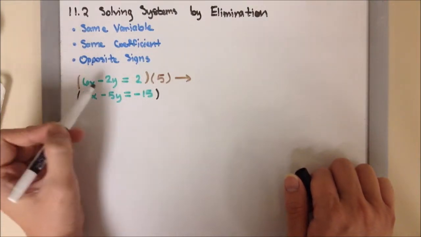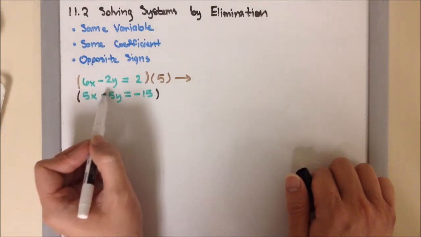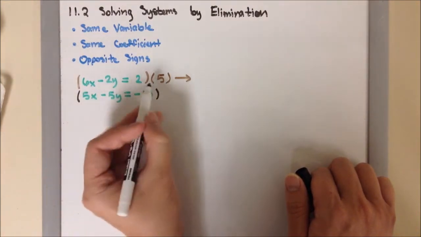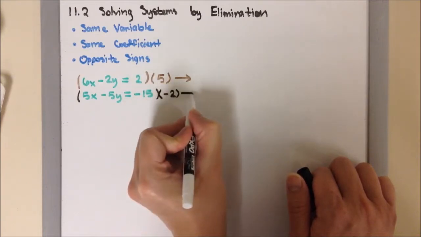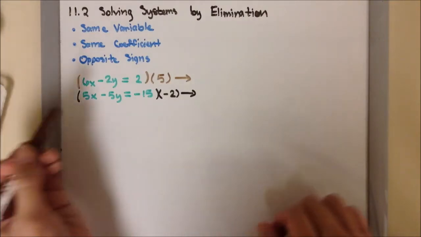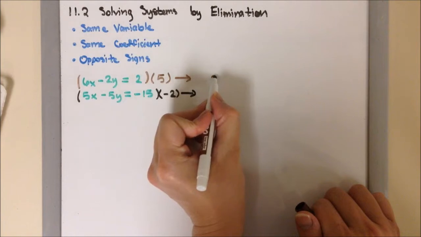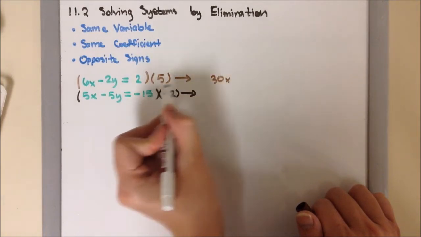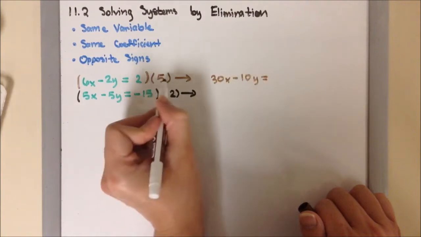Now going back, the common number between 2 and 5 is 10. So if I want to change this into a positive 10, I'm going to multiply the whole equation by negative 2. So, first equation multiplied by 5, it will be 30x minus 10y equal to 10.